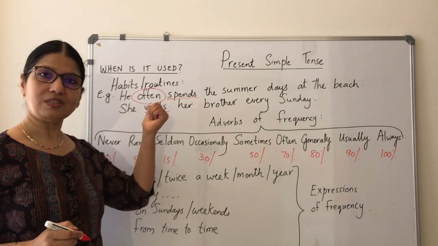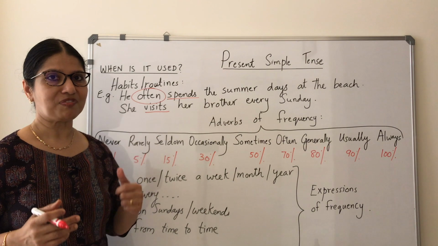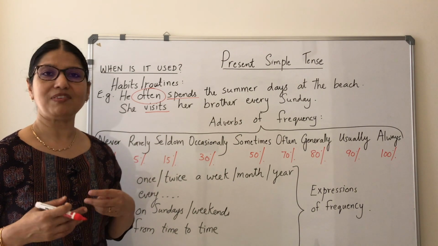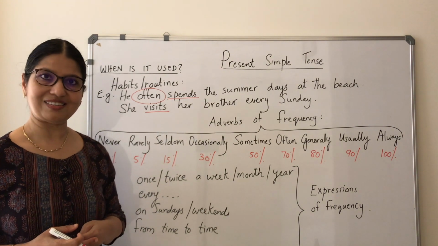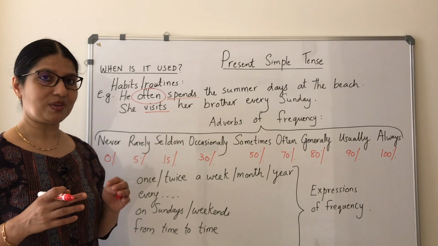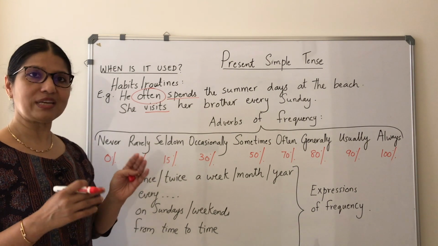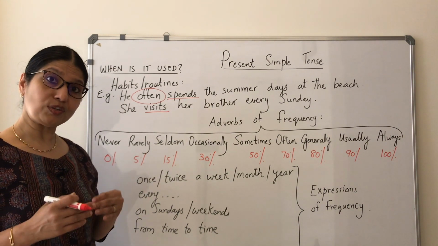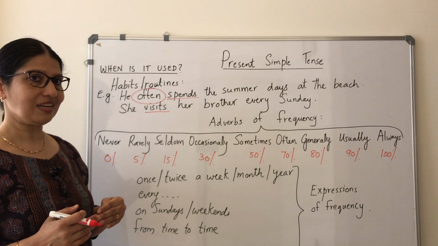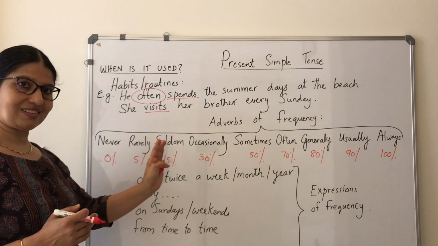This word often is an adverb of frequency, and we have different adverbs of frequency in the English language. If we list all the adverbs of frequency according to the percentage of frequency, it will go like this.